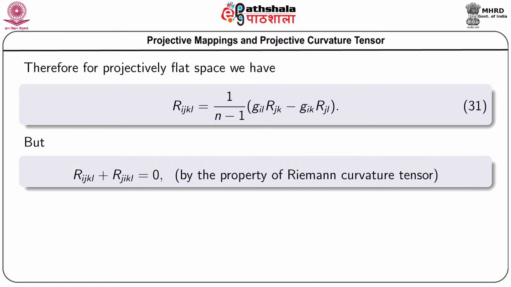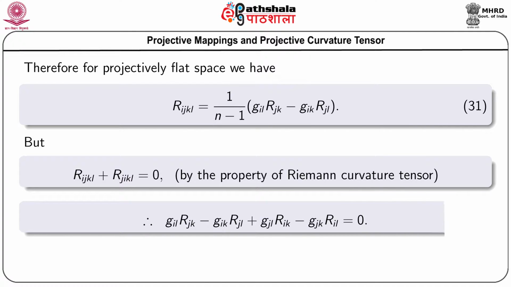But by the property of Riemann curvature tensor we know that this occurs R_ijkl plus R_jikl equals to 0, and so using 31 we have this expression g_il R_jk minus g_ik R_jl plus g_jl R_ik minus g_jk R_il equals to 0.